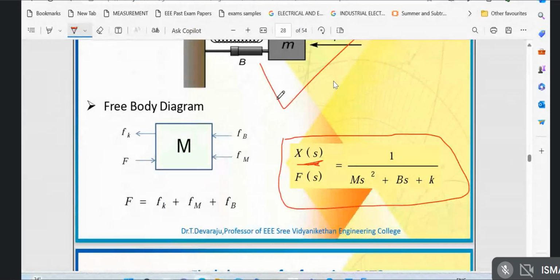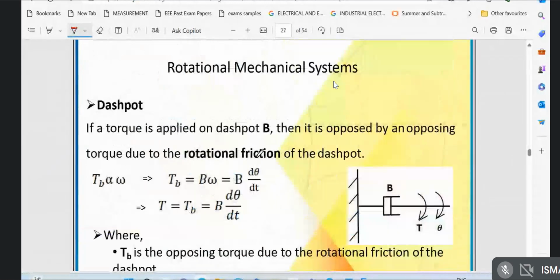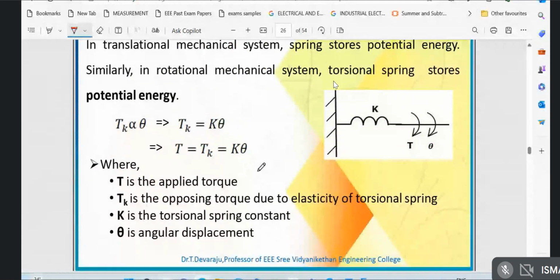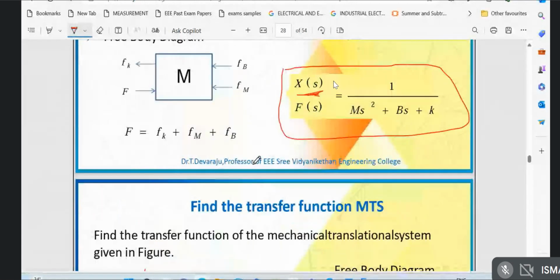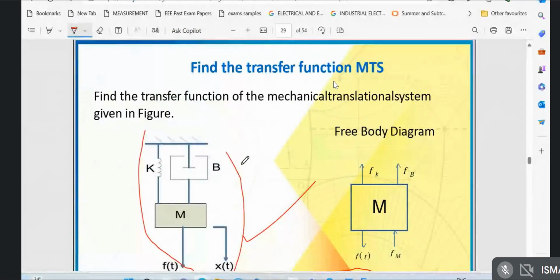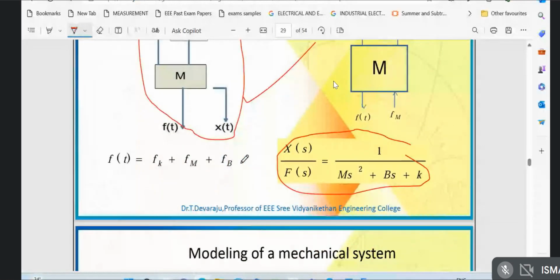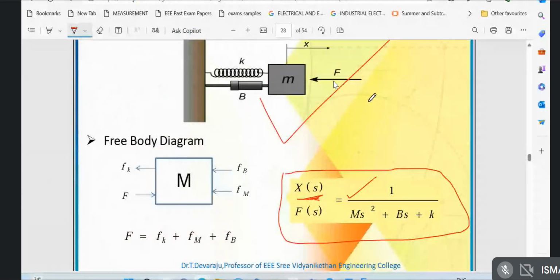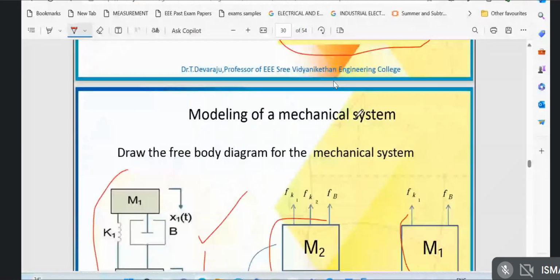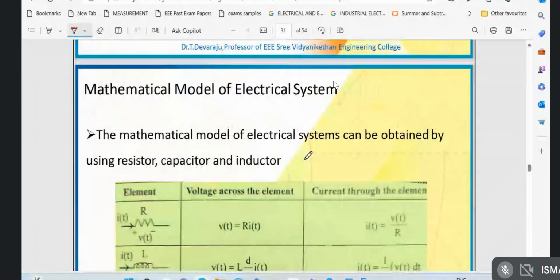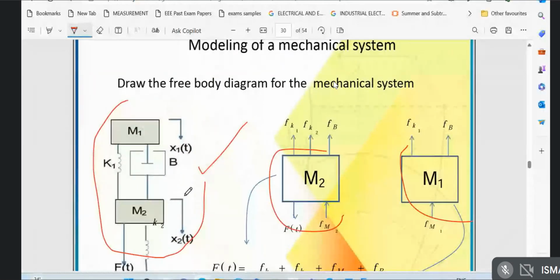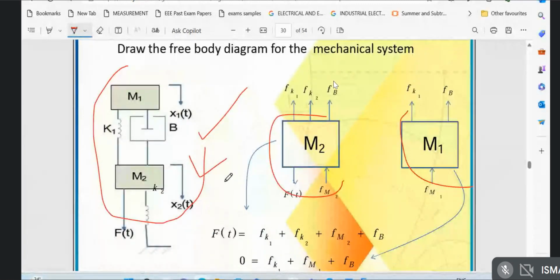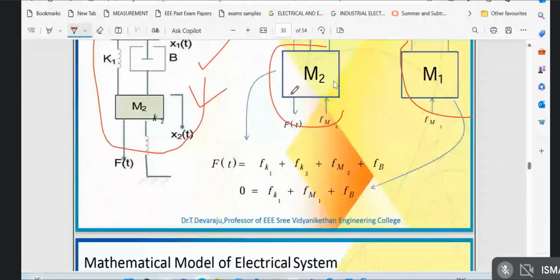So I'll send these notes to you. Then I want you to do some study on this one, this point. This one is not indicated here, but how will this diagram give you a model for this free body?